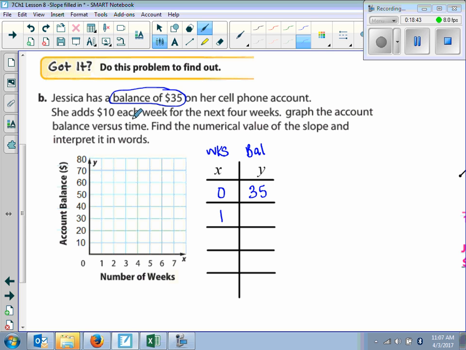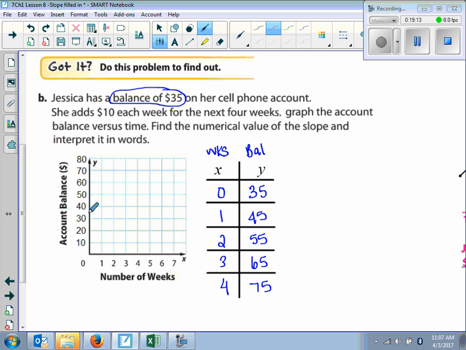Now, at week 1, because it says she adds $10 each week for the next 4 weeks, and weeks 2, 3 and 4, she's adding $10 to this, so this is going to be 45. This is going to be 55. This one will be 65, and lastly we have 75. Very good.